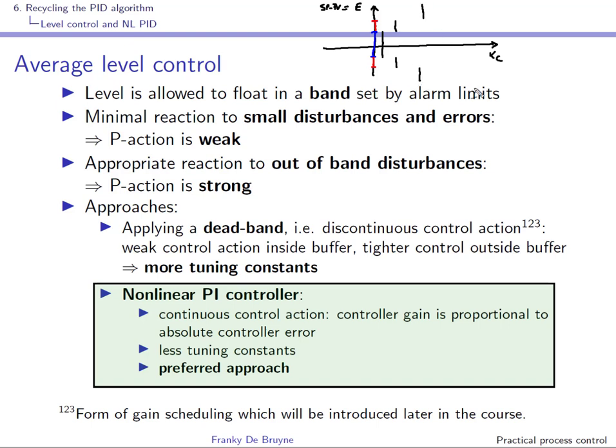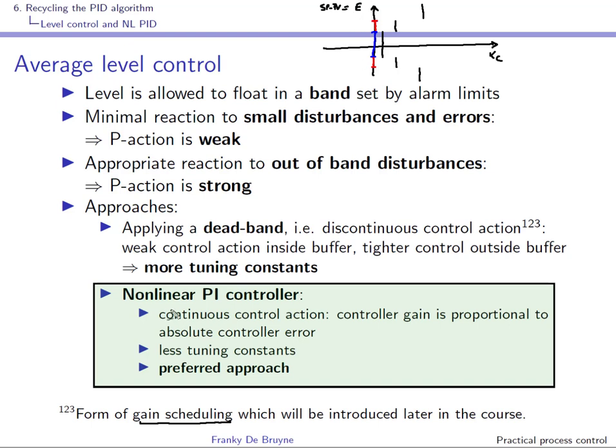This could work, but it is going to lead to discontinuous control. You could probably do something about it by having small zones that will connect this, but this will not work very well, and you'll have a lot of tuning constants. This is a form of the gain scheduling that we'll be introducing later on in the course, a form of gain scheduling on the control error.